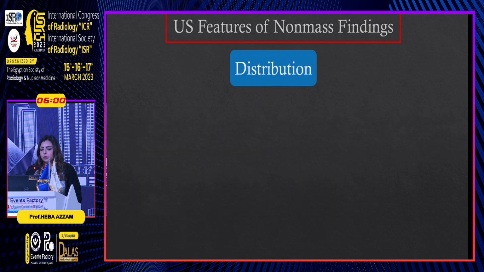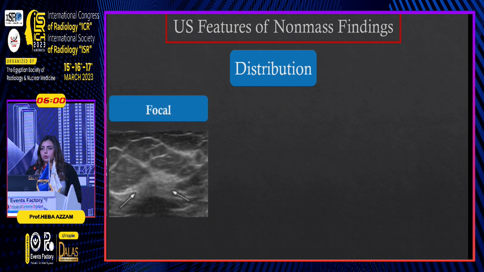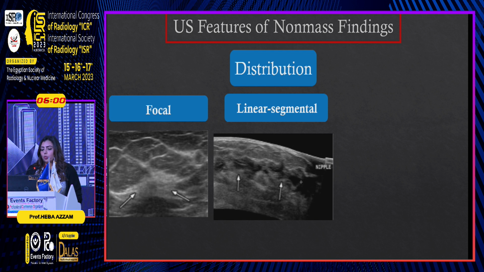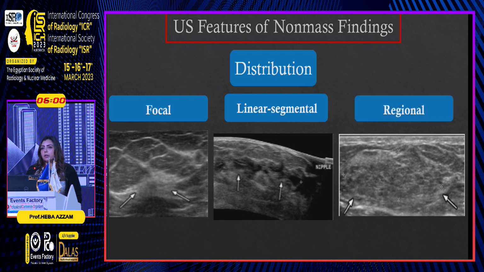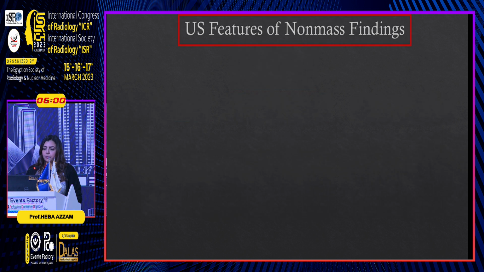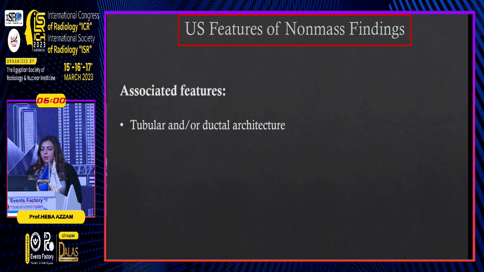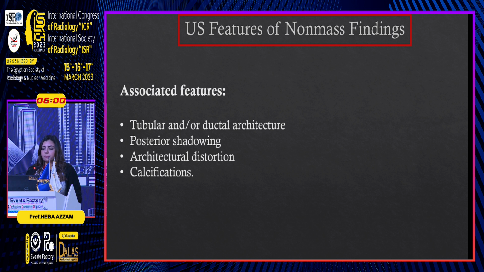Regarding the distribution, it could be focal, which is a small confined area; linear segmental, which is a longitudinal or triangular area along duct distribution; or regional, which is a large geographic area not conforming to ductal distribution. Associated features include tubular and/or ductal architecture, posterior shadowing, architectural distortion, and calcifications.